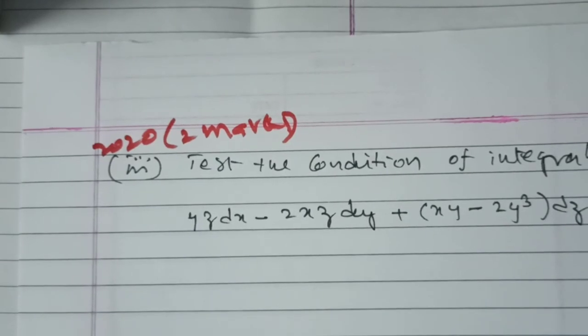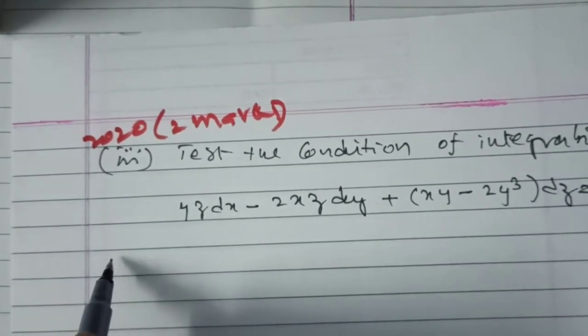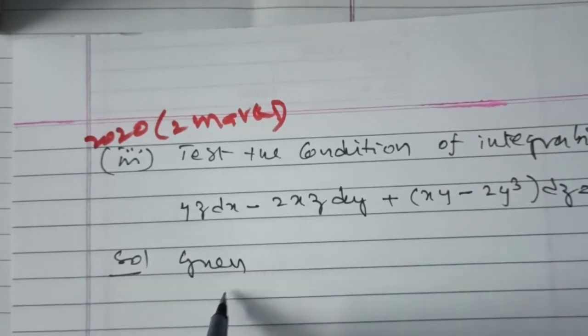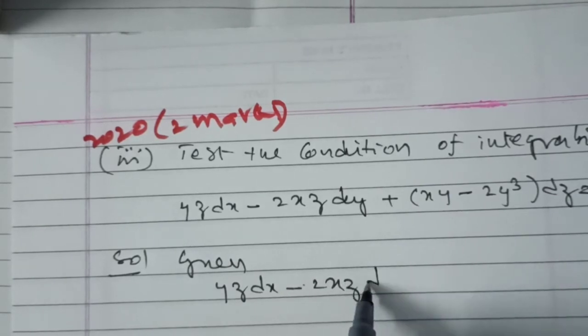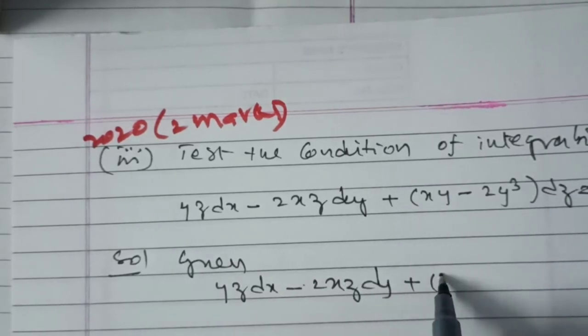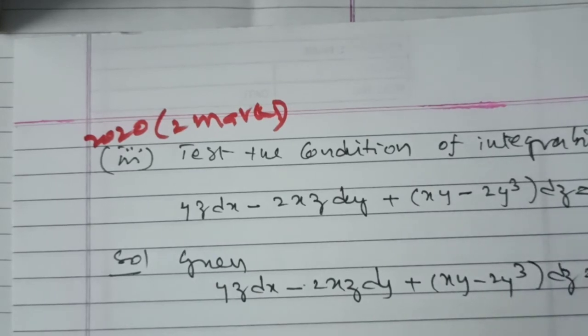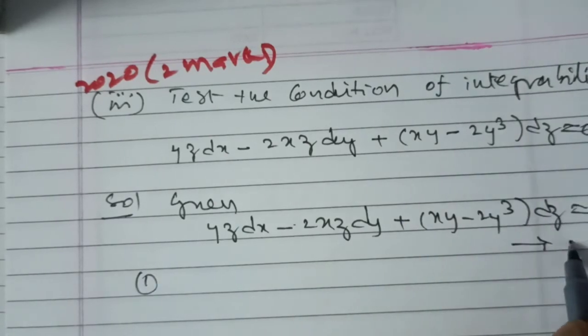So let us verify the condition of integrability. Solution. Given yz dx minus 2xz dy plus (xy minus 2y³) dz is equal to 0. Take this as equation 1.